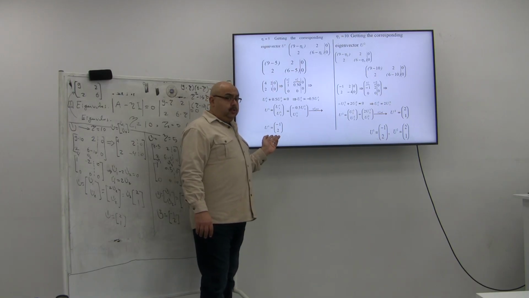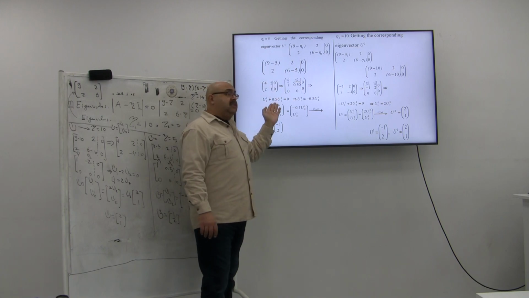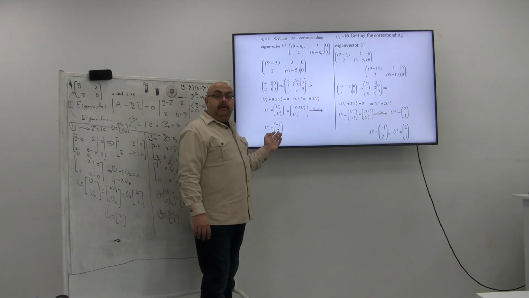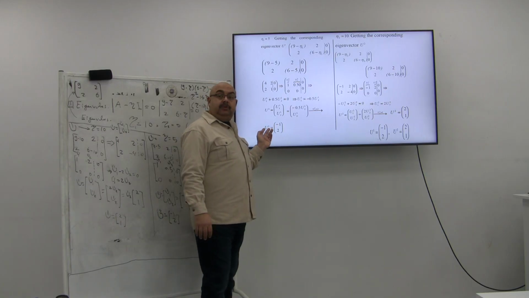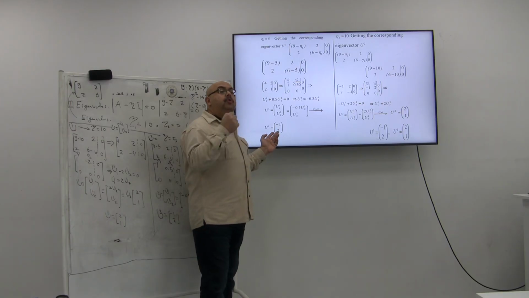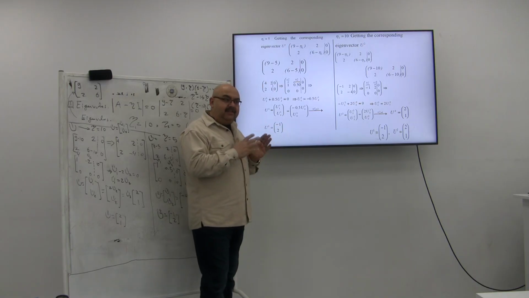If you look, Miss Judy, you will find this eigenvector. It has a general form, which is -1 and 2. We call it basis of the eigenvector space. How many vectors in here? So the geometric multiplicity is equal to 1. It's the dimension of the eigenspace.